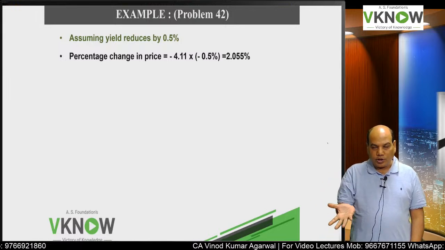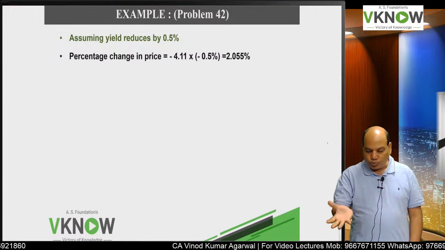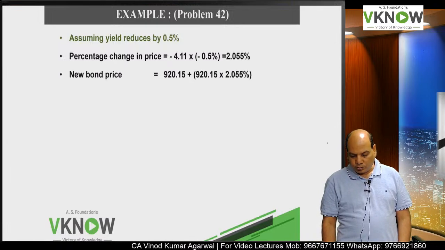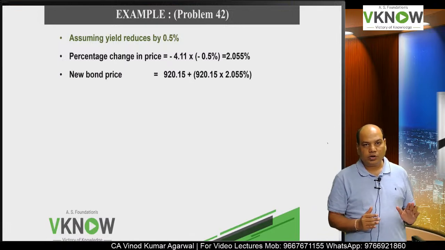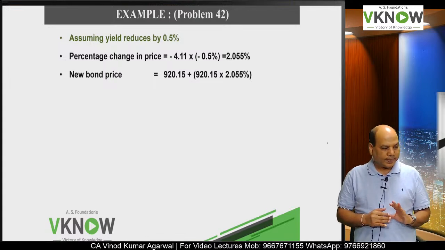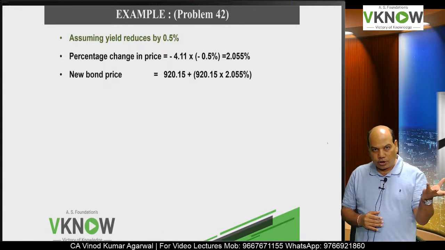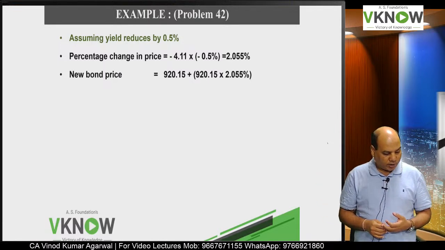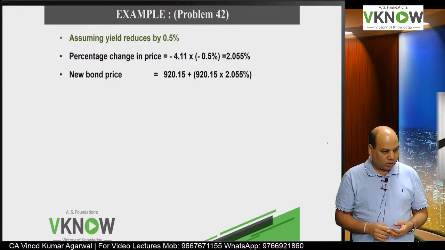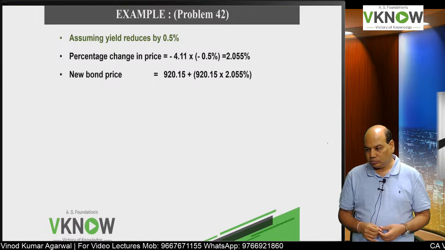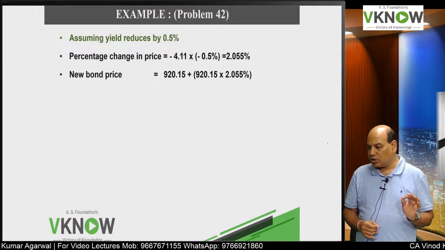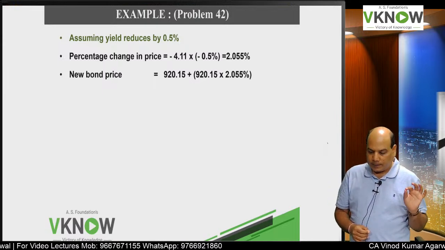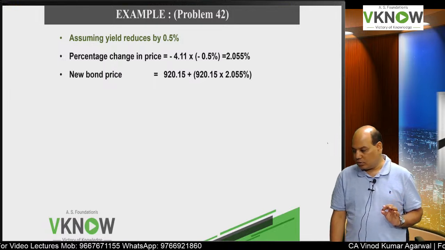So bond price will increase by 2.055%. So what will be the revised bond price? Take the original price in question 42 plus 2.055%. New bond price is equal to your original answer, if you see in question number 42, is 920.15 plus 2.055%.